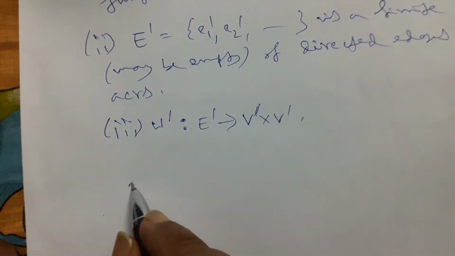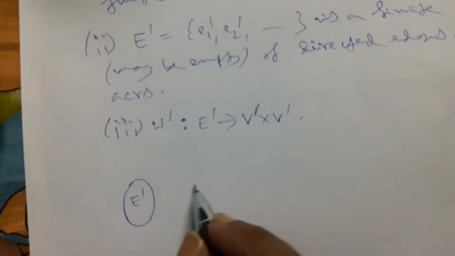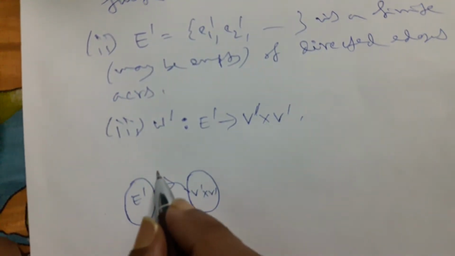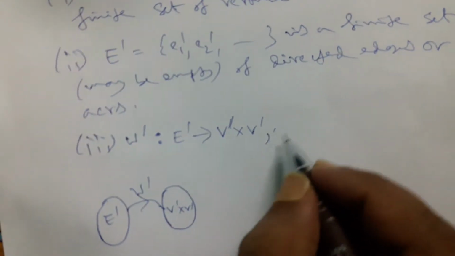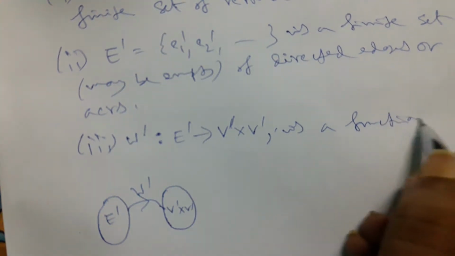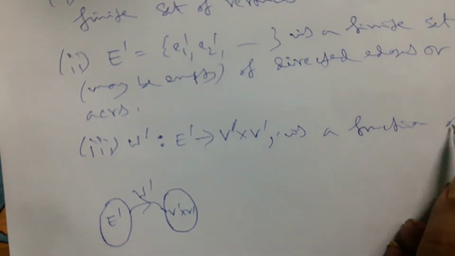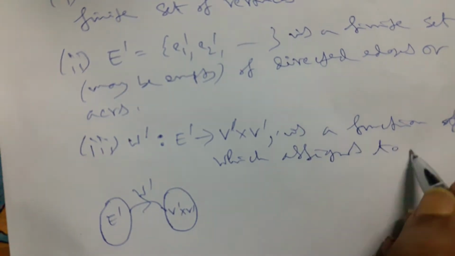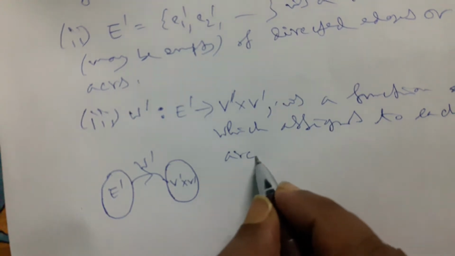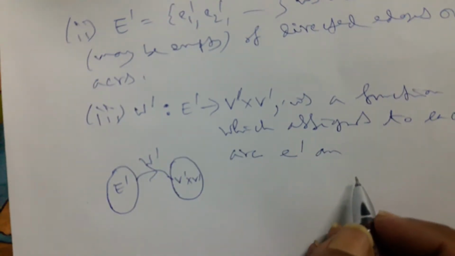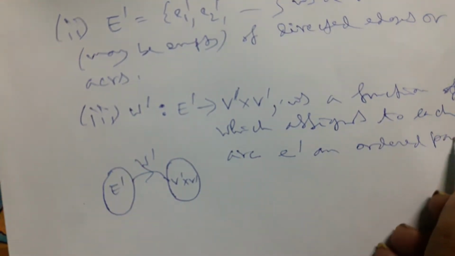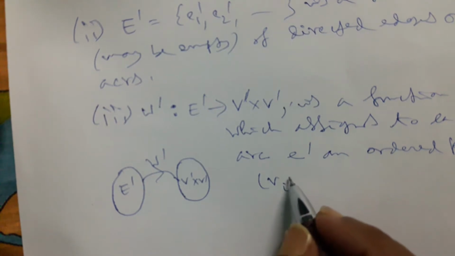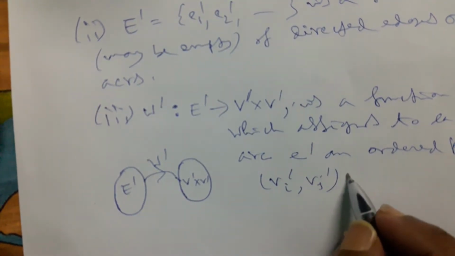Omega dash is a function which assigns to each arc E dash an ordered pair Vi dash, Vj dash of vertices.